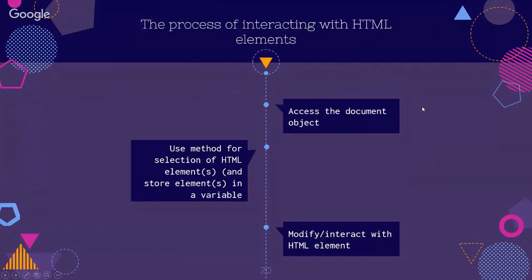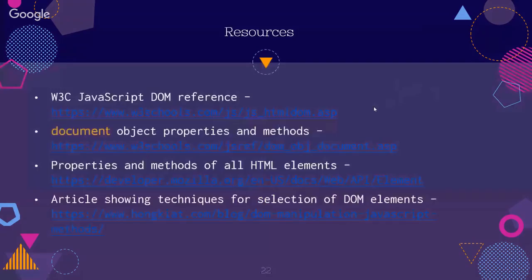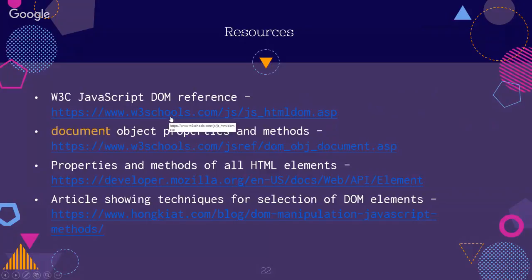And finally, I've put together a list of some resources I think will be useful to you. We have the DOM reference by the World Wide Web Consortium. There are some good exercises here which you can practice the methods and the properties, so do check that out. The document object's properties and methods are listed here again, so you can look at them as well.